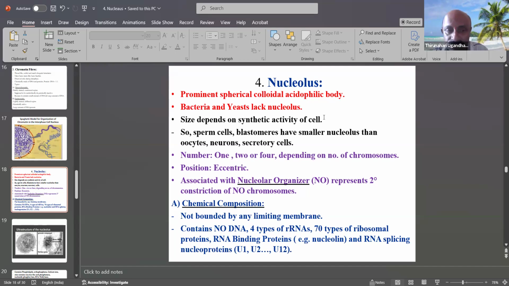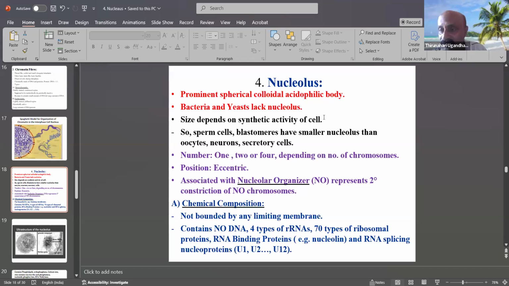What is the position? Where is the position of the nucleolus? Eccentric position. Centric and eccentric means it has an eccentric type of position in the nucleus. It can be associated with nuclear organization. It represents the secondary constriction of the nuclear organizer of the chromosomes, which is the nucleolar nature.